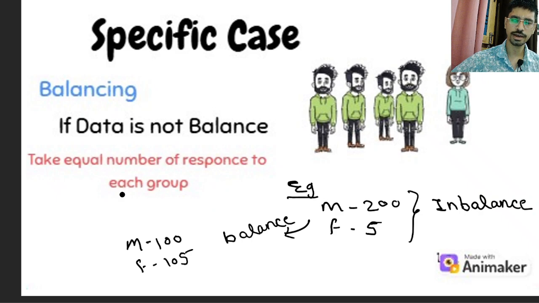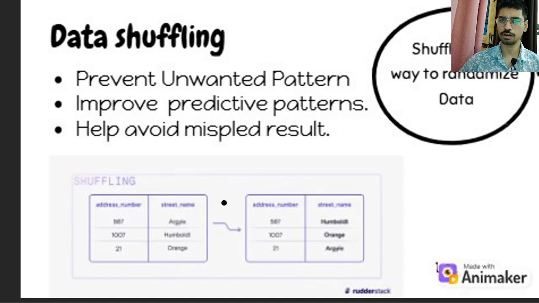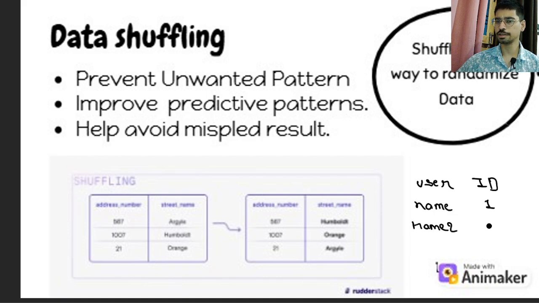Now let's move further and understand what data shuffling is. Data shuffling is a way to randomize data. We have a user name and an ID. Suppose name 1 has ID1, name 2 has ID2, and so on. In shuffling, we basically randomize the assignment.